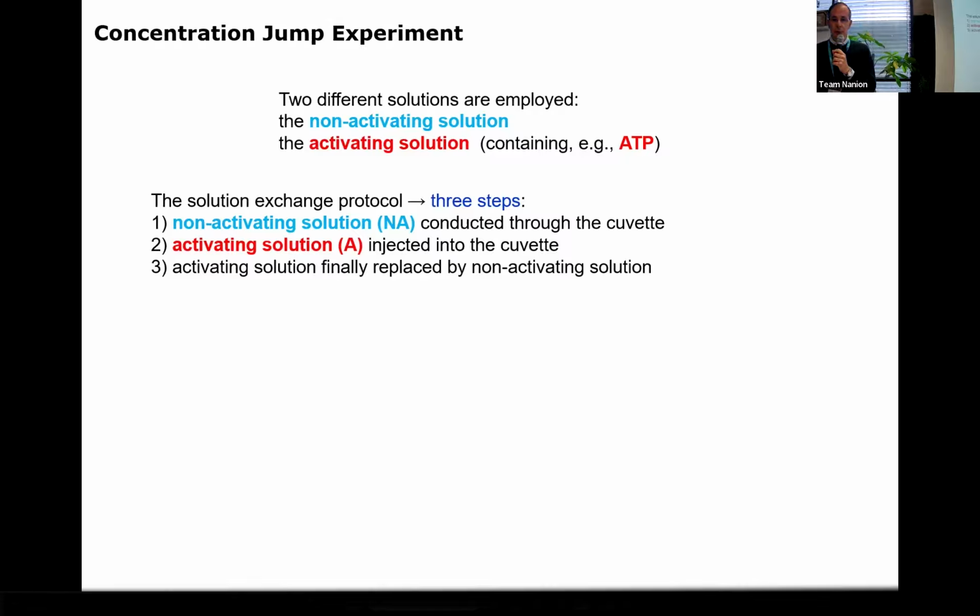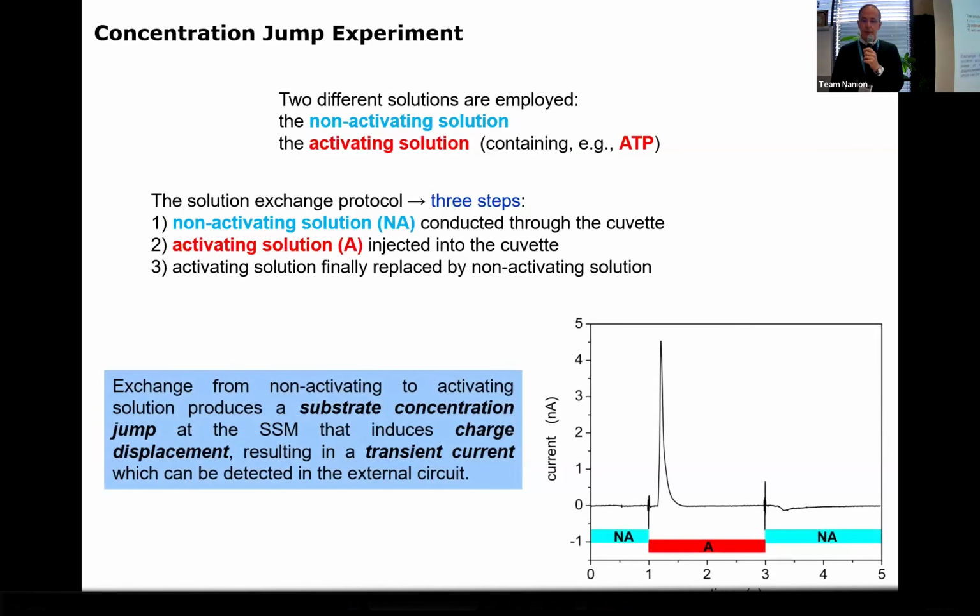Then the activating solution is injected into the cuvette and the reaction starts. And the reaction ends when the activating solution is finally replaced by the non-activating solution. In other words, exchange from non-activating to activating solution generates the substrate concentration jump at the SSM surface that induces charge movement across the membrane, resulting in a transient current, which is detected in the measuring circuit.